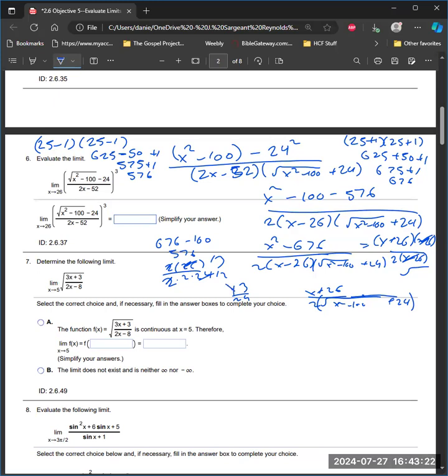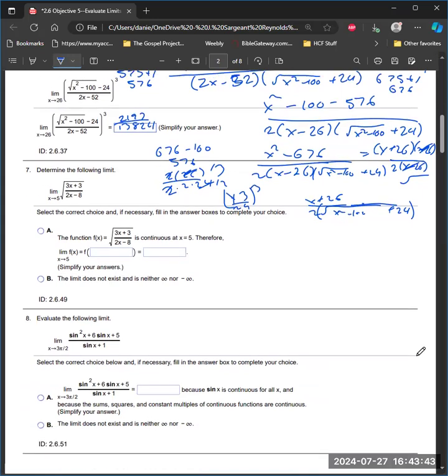And then all that needs to be cubed, and I'll let you do that in your calculator. So 13 cubed is going to be 2197 over 24 cubed is going to be 13,824. All right. I used up some of my space for number 7 to work on number 6.